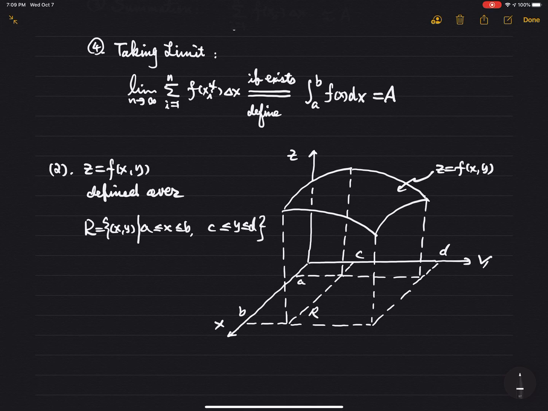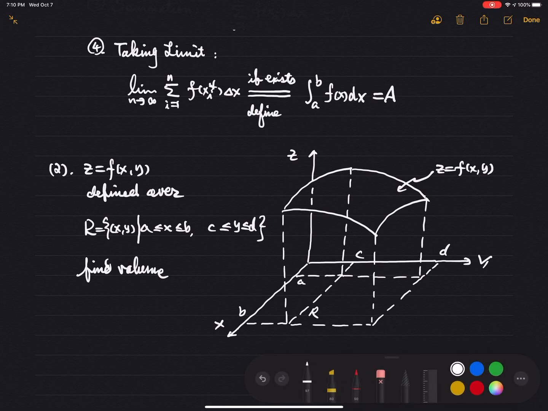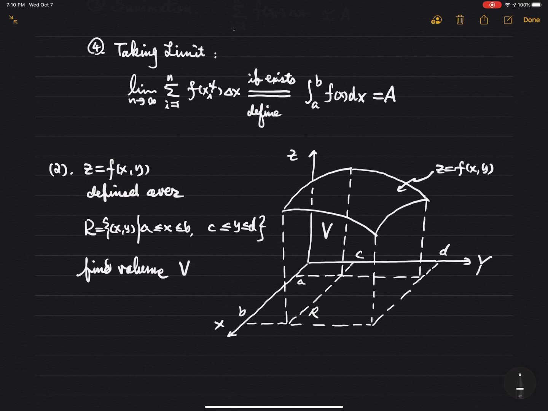Now, if we want to find a volume, find the volume of the solid region under the surface, above the xy-plane, over R. Say here this is V, the volume V. How do we find that?